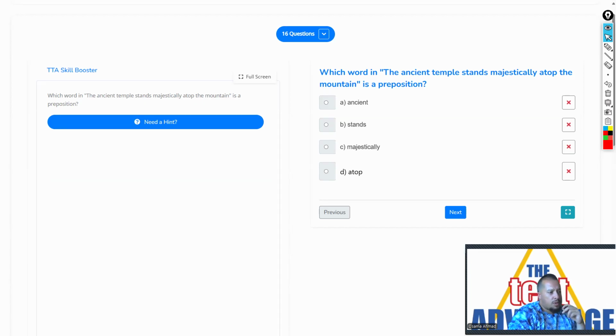Ahmed Essam, good. Nura, no. So remember, a preposition tells you the location of something, or the time of something.